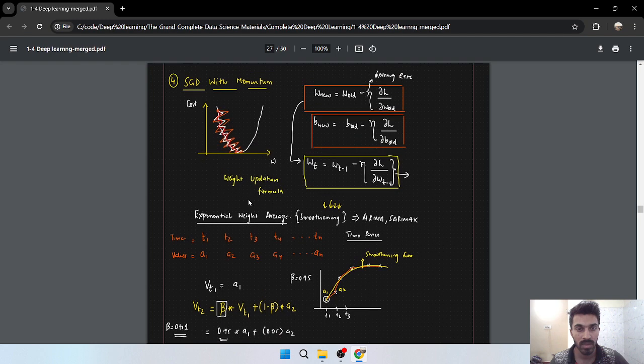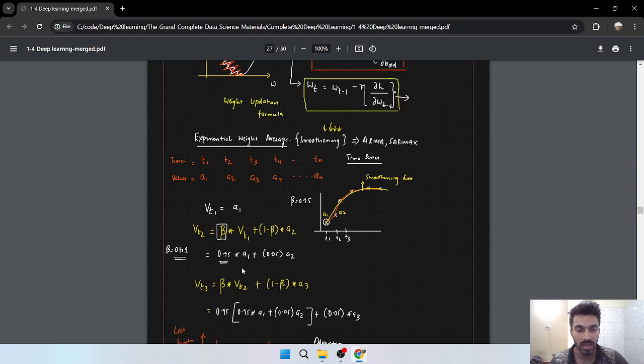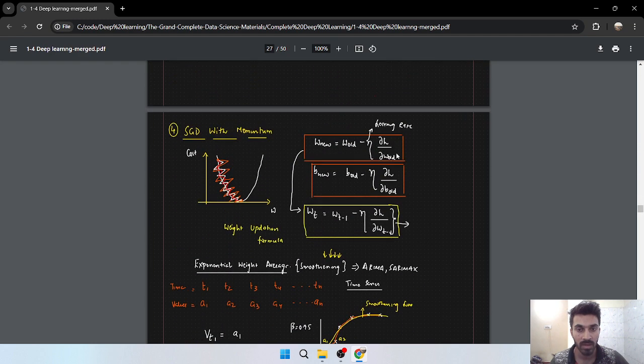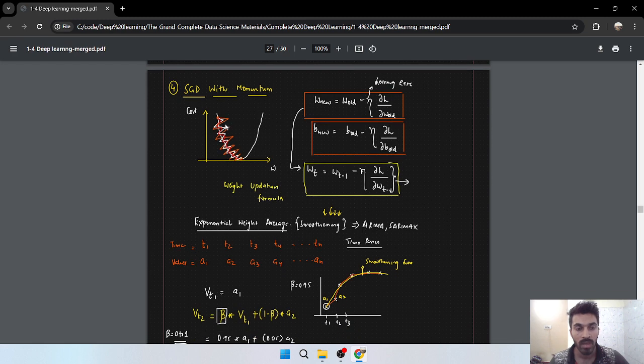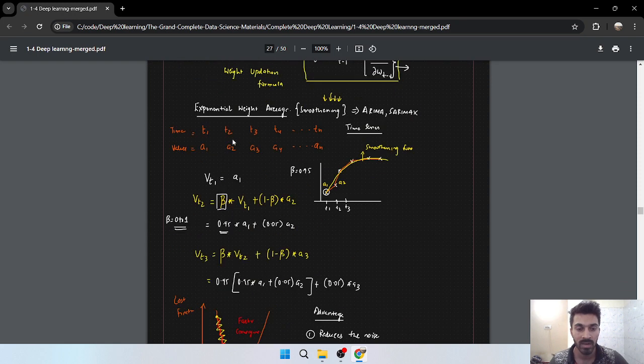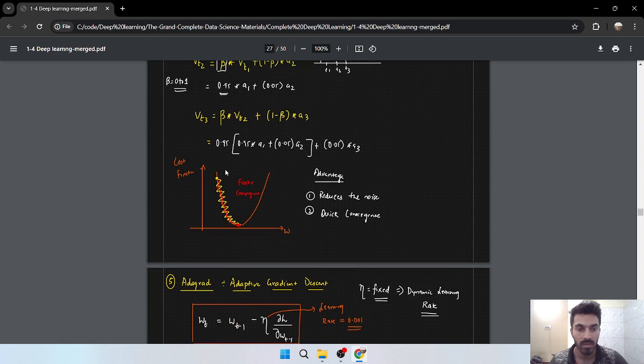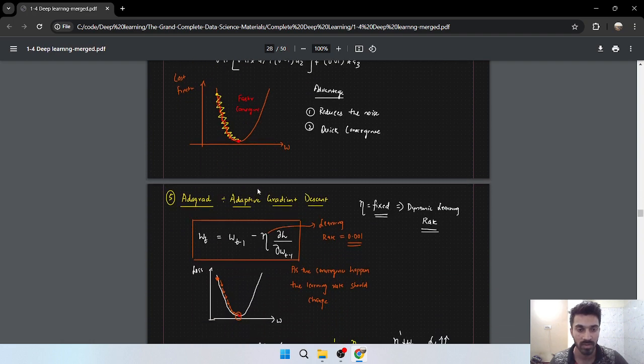So we apply this momentum in our weight updation formula, so our updation will also have a smoothing factor. Previously it was going something like zig zig zig zig, but now it will be something like smooth, smooth. So the noise will be reduced somewhat, but there is still some noise.